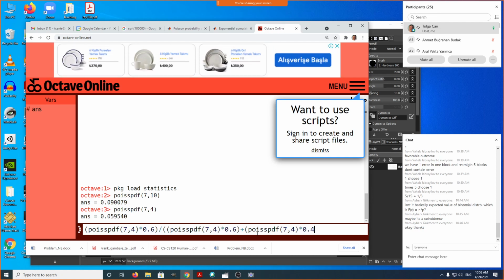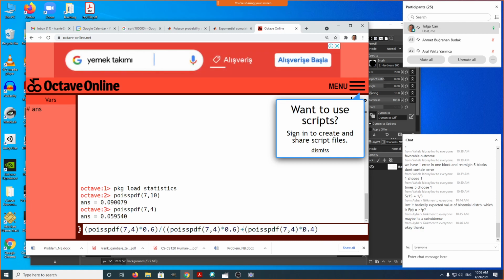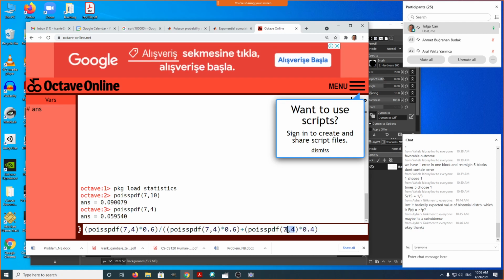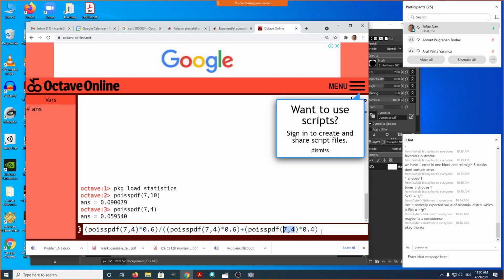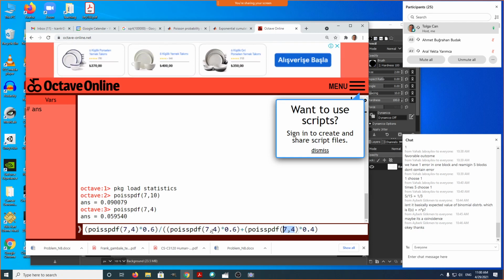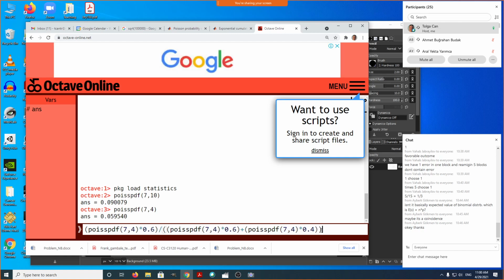So 0.4 is the probability of no thunderstorm, and this is the probability of x equal to 7 given that there are no thunderstorms. I think I need another parenthesis here.